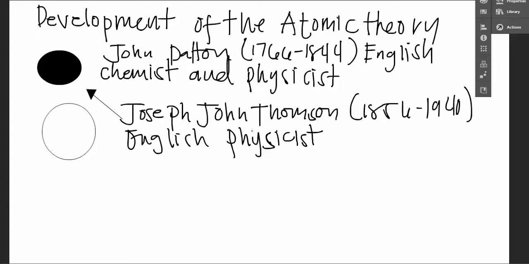He saw an atom as a positive sphere with negative electrons stuck in it, like raisins in a loaf of bread.